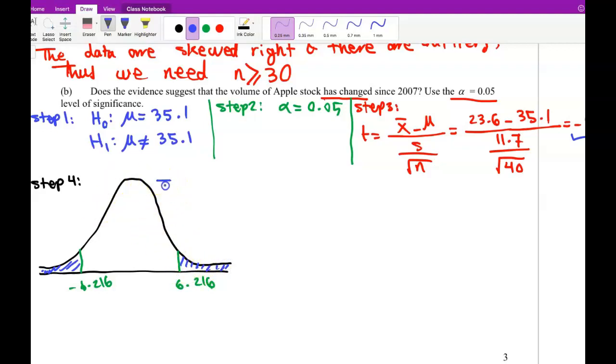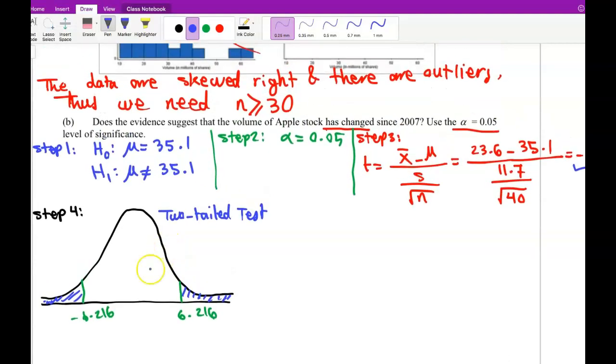So our p-value is the sum of these two parts.